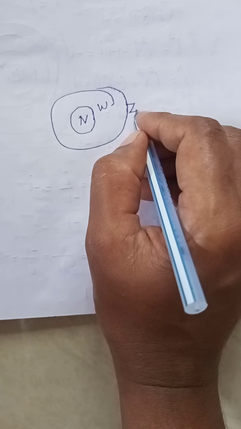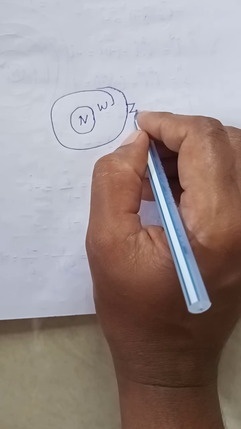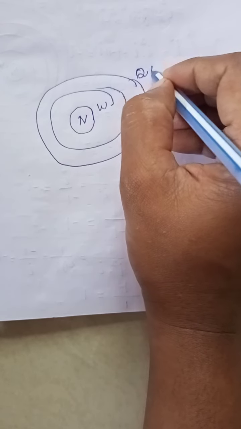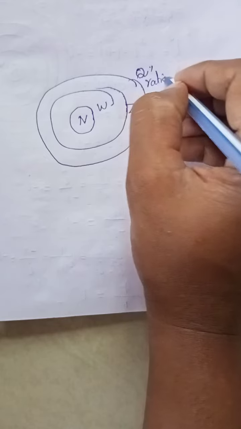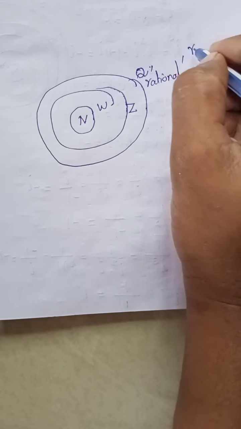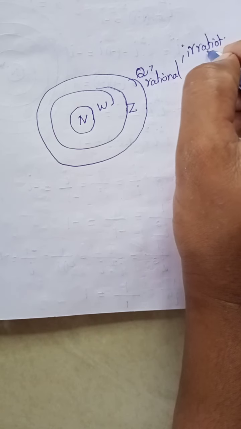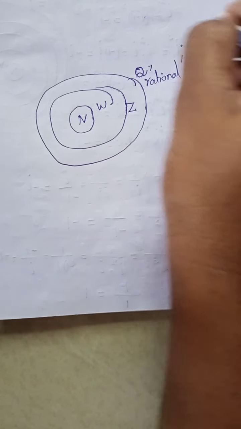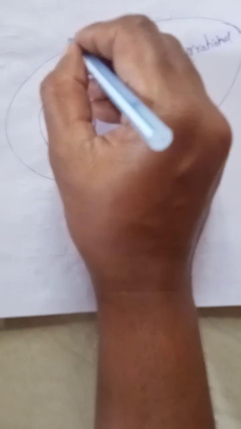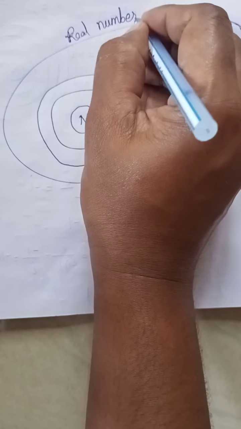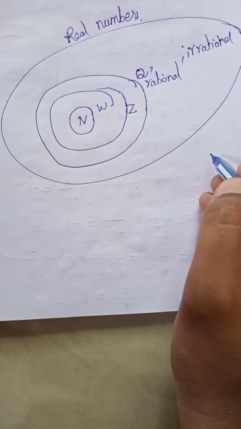Then the next will be rational and irrational. Rational is the fraction numbers, Q. The next is irrational. Altogether, everything gives the real numbers.